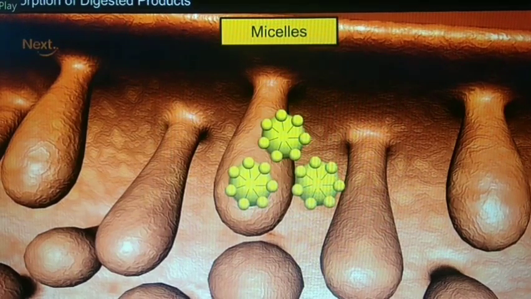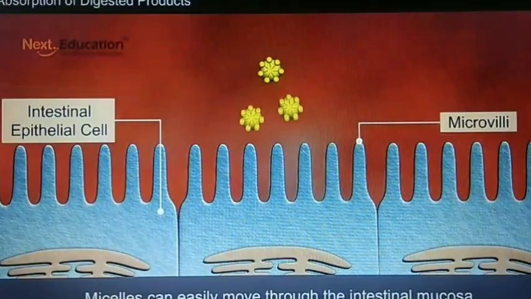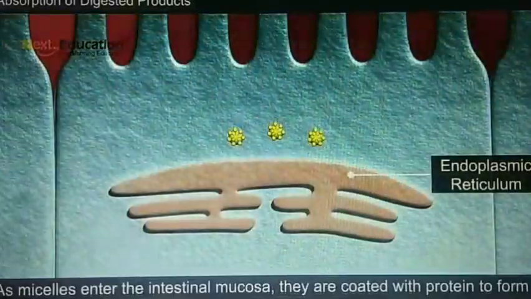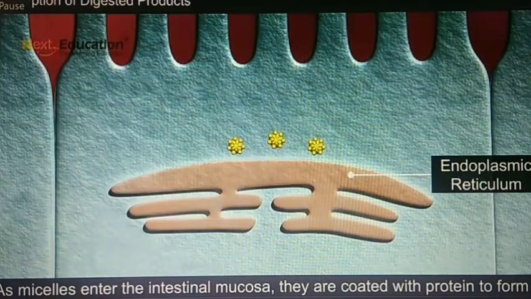Then these micelles move from the lumen of the intestine into the intestinal epithelial cells. When they reach the intestinal cells, they will be coated with proteins.